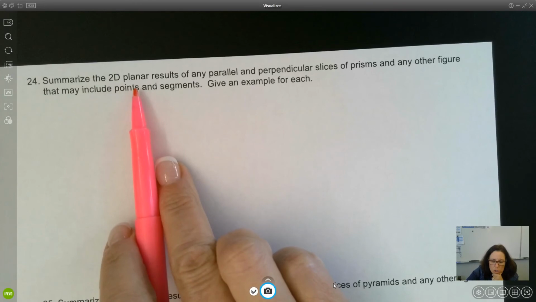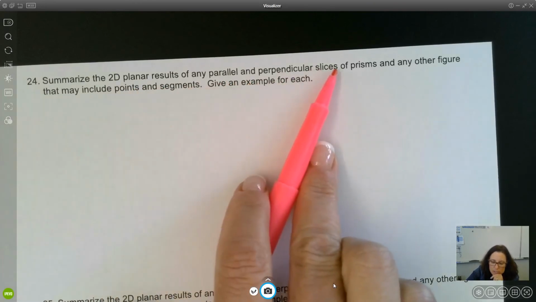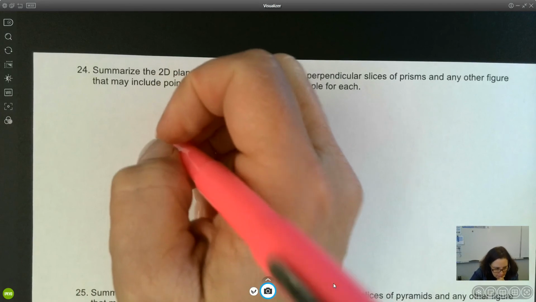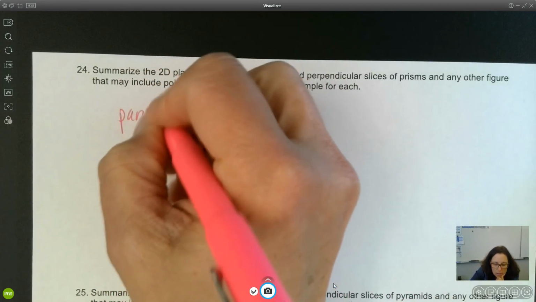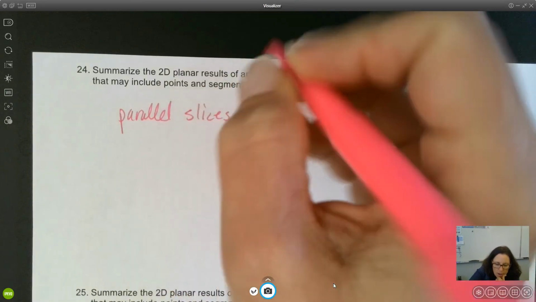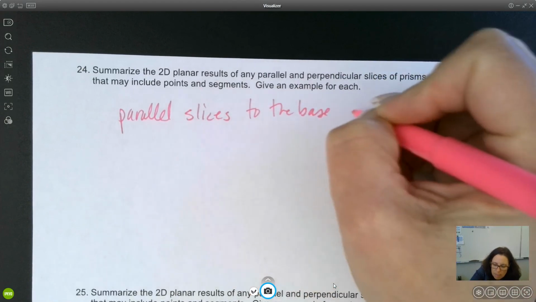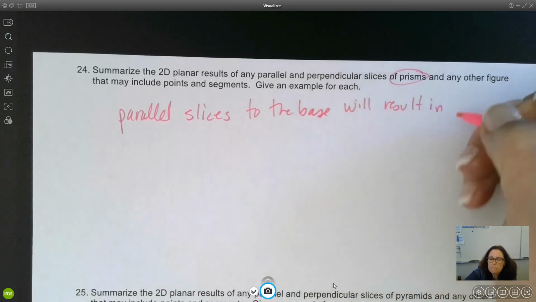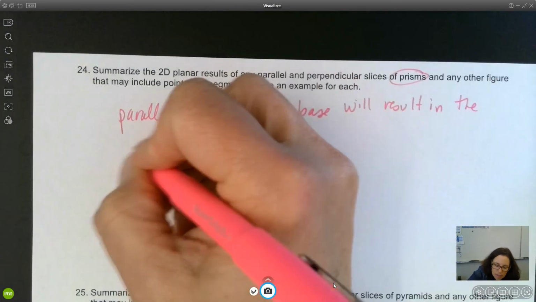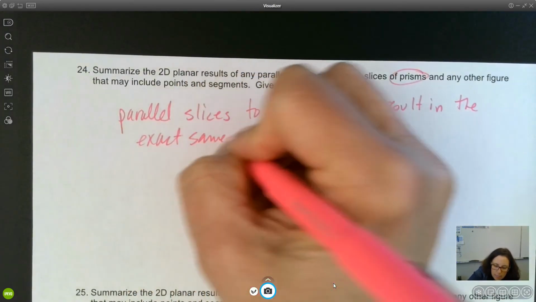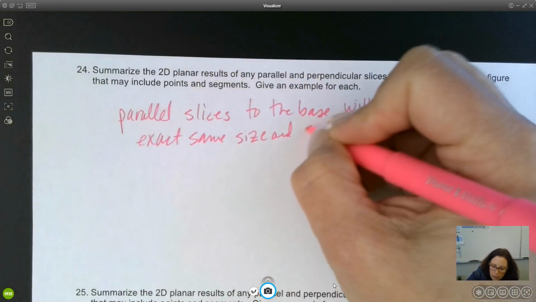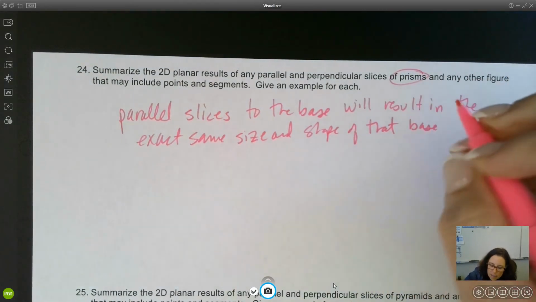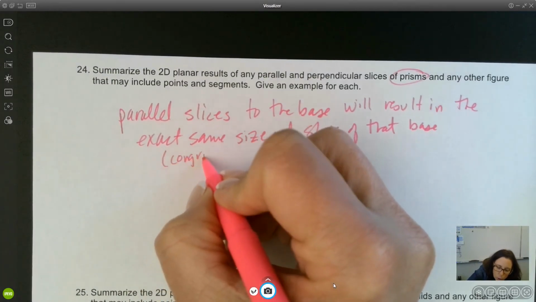When you have a two-dimensional planar result of any parallel and perpendicular slices of prisms, it's really important to understand that parallel slices to the base of prisms will result in the exact same size and shape as that base. Remember, that is called congruent.